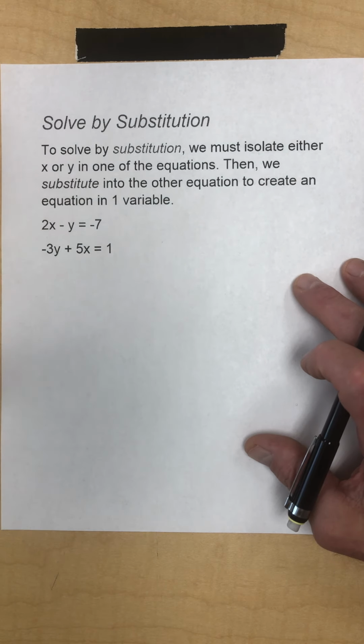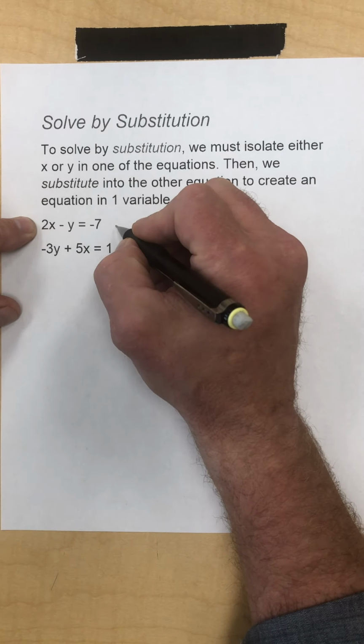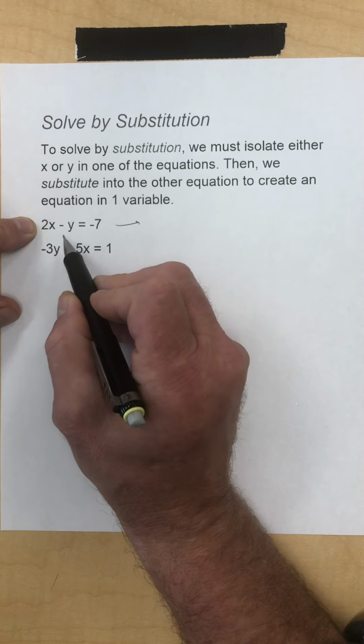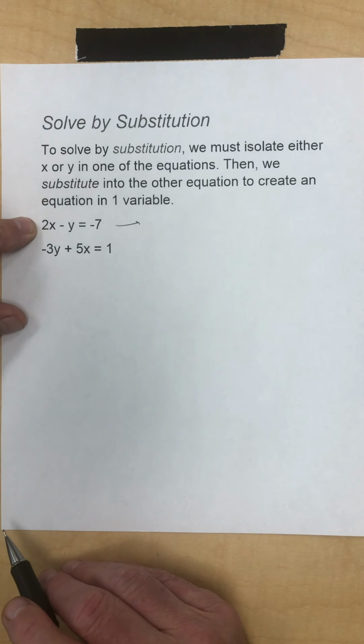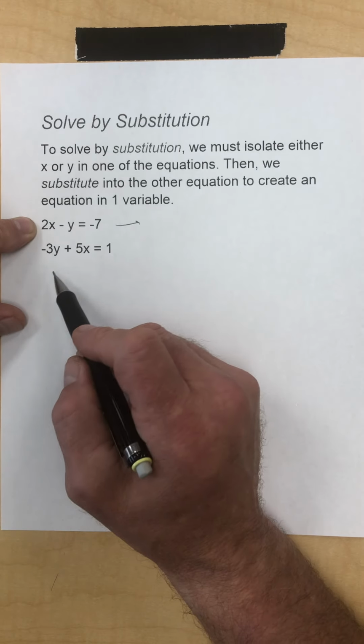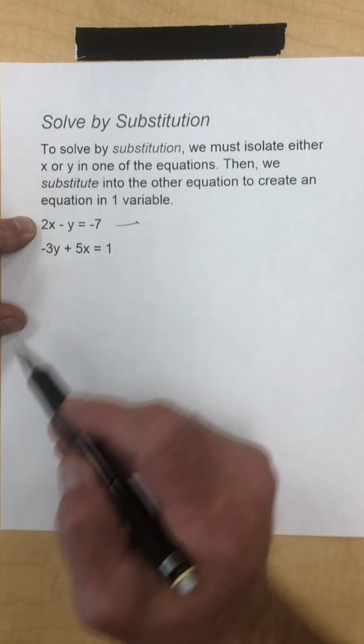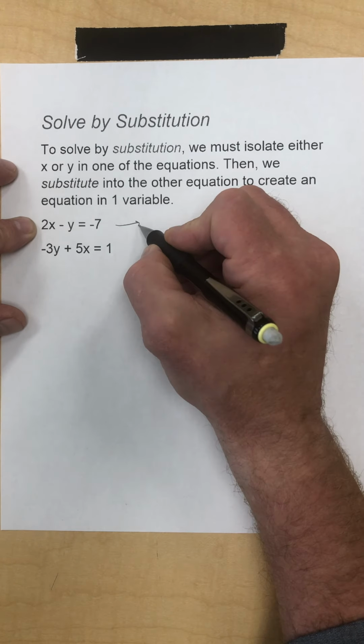But we're trying to streamline things. So that's what I asked myself. What would be the easiest thing to isolate in these two equations? And clearly isolating y in the first one would be the easiest because it has a coefficient of -1. Anytime you have one of the terms that has a coefficient of 1 or -1, those are always easy to isolate.